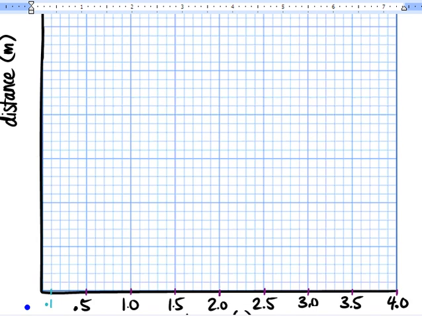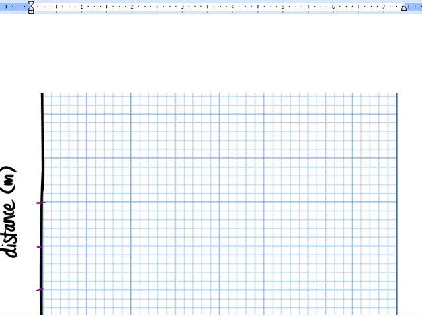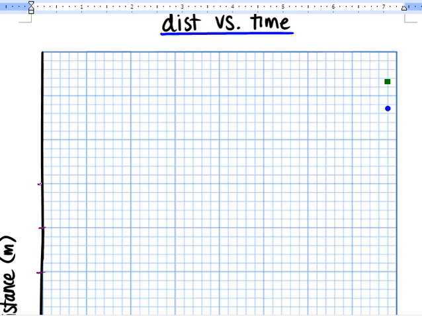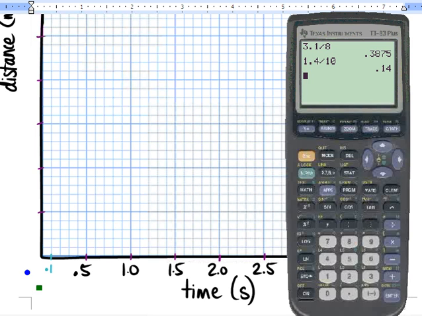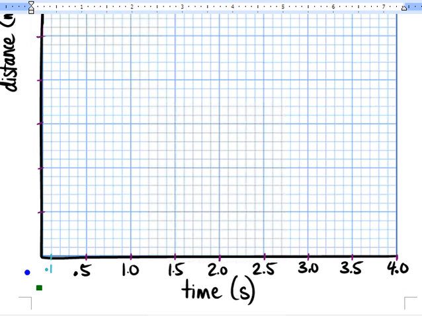Let's double check that I'm right here. 1, 2, 3, 4, 5, 6, 7, 8, 9, 10. Okay, so good. 10 boxes. The calculator spits out 0.14. We have to round up to the nearest appropriate scale, which is going to be 0.2. So every big box is going to be worth 0.2 meters on the distance axis.